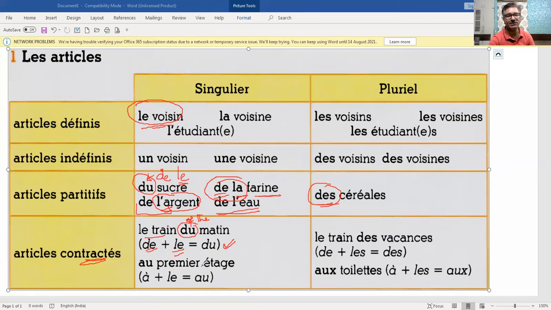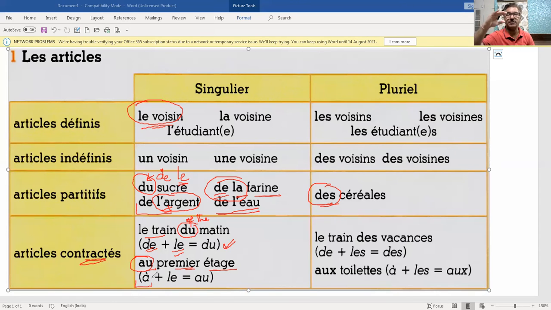Au premier étage, at first floor, at the first floor. Au premier étage. So where does this au come from? It comes from these two words. À means at, prepositional word at.